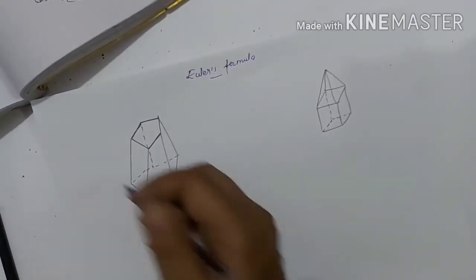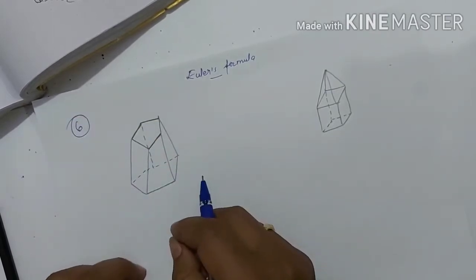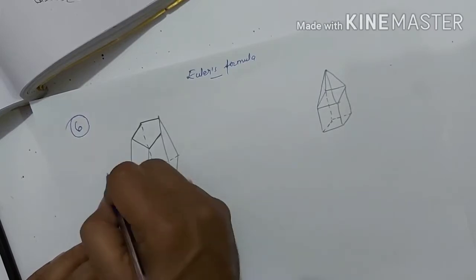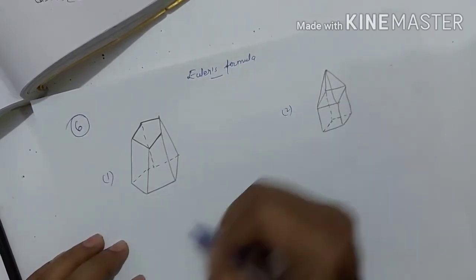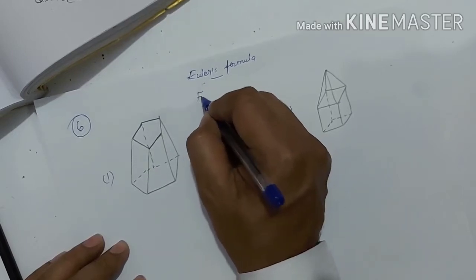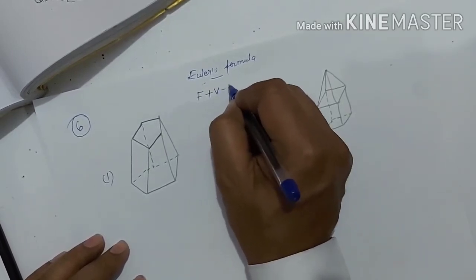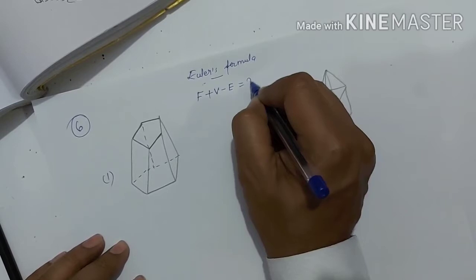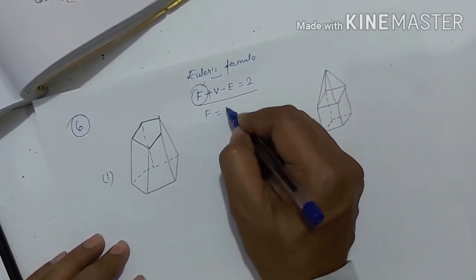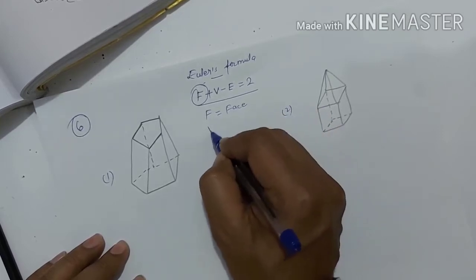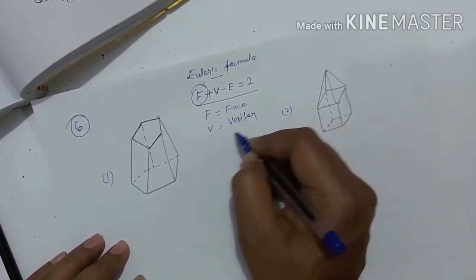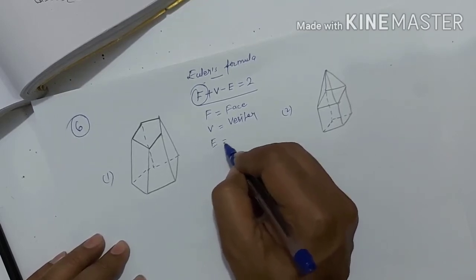Now question number 6 is verify Euler formula of these given two solids. This is the first solid, this is the second solid. First we find the Euler formula: F plus V minus E is equal to 2, where F is faces, V for vertex and E for edges.